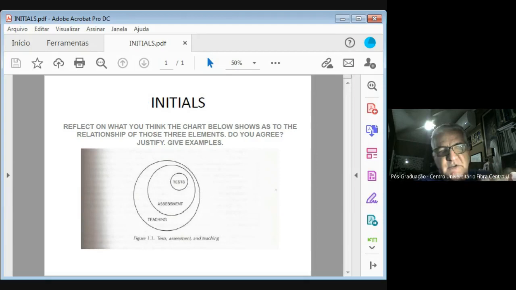In other words, diagnostic evaluation is when you collect information to place your process. So you need to know where students stand. You need to know what their background is. You need to know what information is important for you to prepare planning.